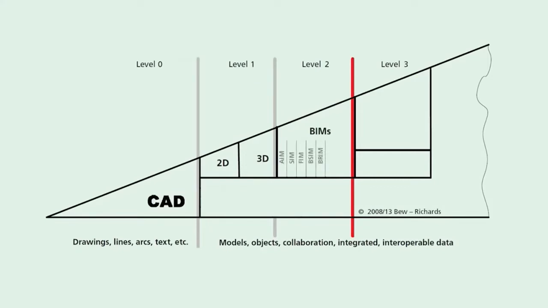If you're listening to me right now, you must be in one of those two levels. Don't wait any longer. Become more efficient. Jump to level 2. Yes, level 1 is a good step in your transition to BIM, but don't stay there too long. In my opinion, level 1 BIM is not really BIM either.